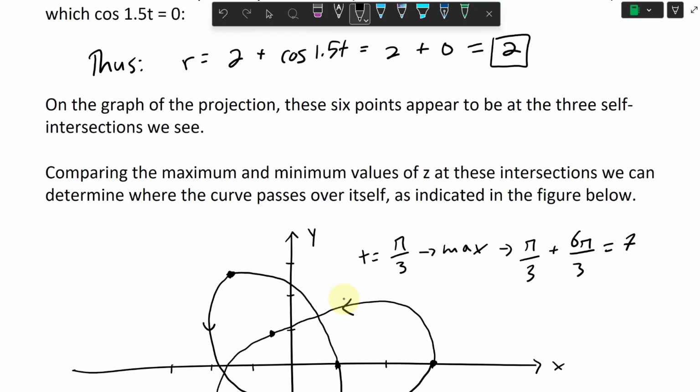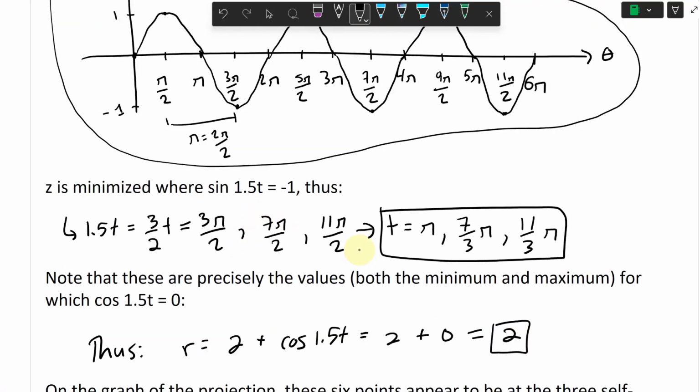That equals 7 pi over 3. So max, and then I'll erase this like that. This one here, this is 7 pi over 3, and go back to where it was. This is 7 pi over 3. This is a minimum.